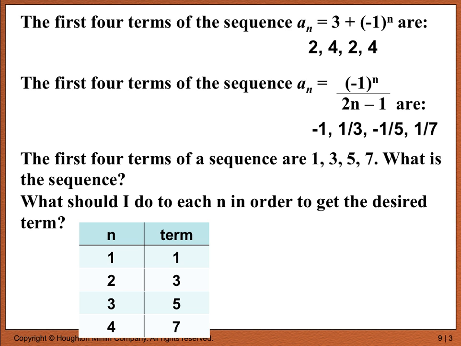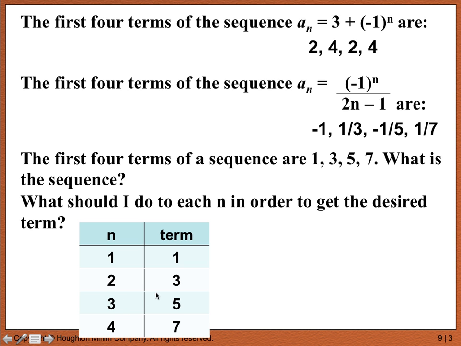I'm going to have a first term, a second term, a third term, and a fourth term. The first term corresponds to n equals 1, the second to n equals 2, the third to n equals 3, and the fourth to n equals 4.